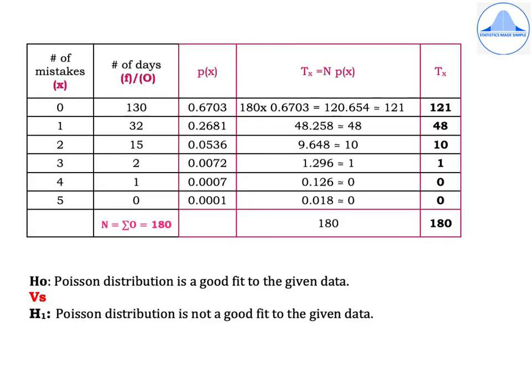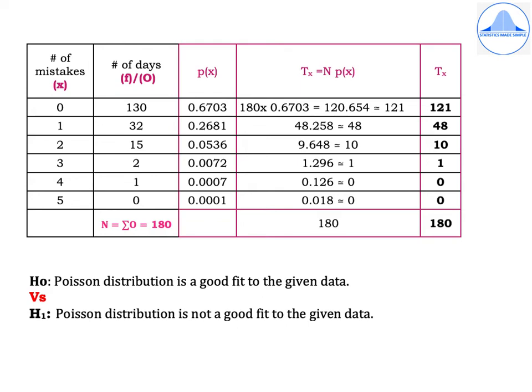Let us now list down the probabilities and find out the theoretical frequencies. So in the first two columns, we'll write down the values as given to us in the problem. So number of mistakes are x, which is 0, 1, 2, 3, 4, 5. Number of pages are f or o, that is 130, 32, 15, 2, 1 and 0, which gives capital N equal to summation o equal to 180.